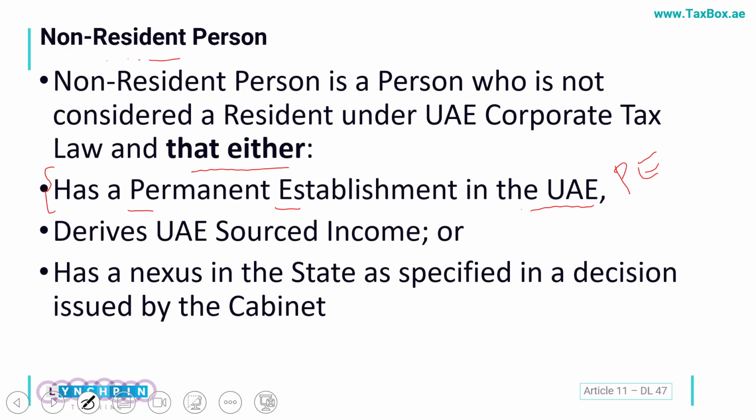Second scenario: if a foreign company is deriving UAE source income, which means it is selling something from within UAE itself, in that case also it would be a non-resident entity, and its UAE income would be taxed here. Final thing is that it has a nexus in the state.